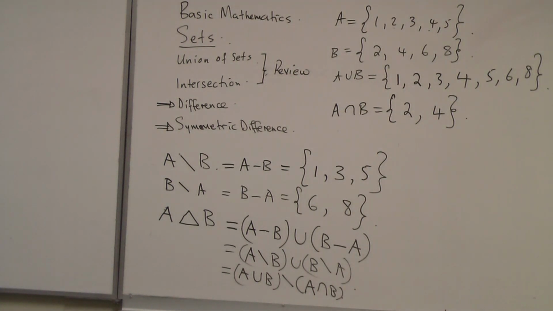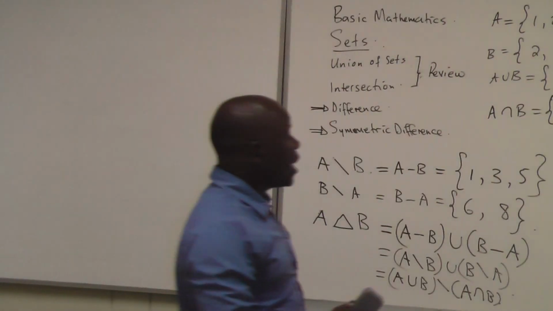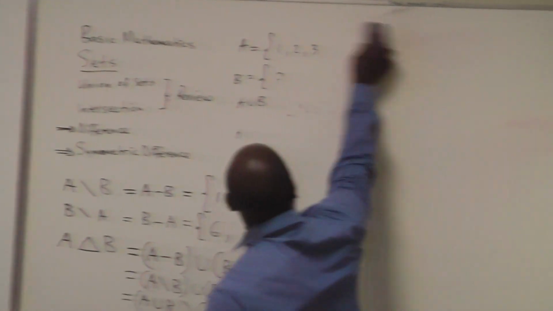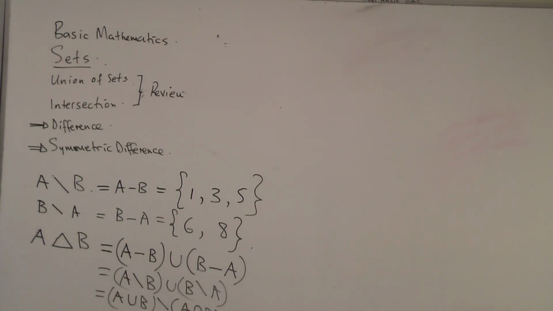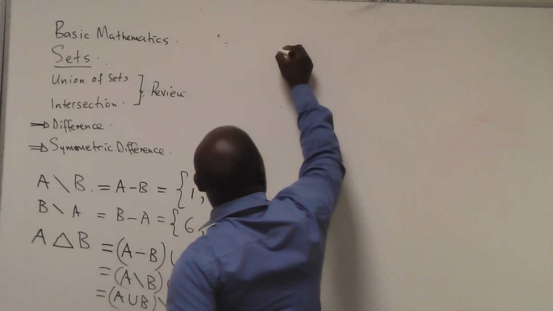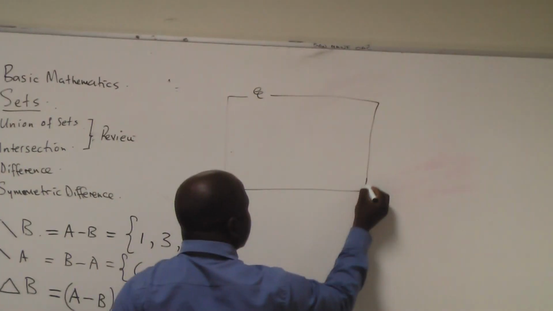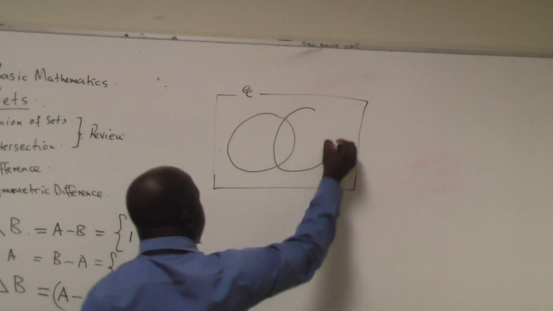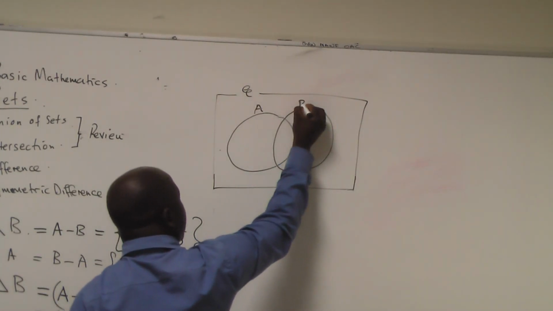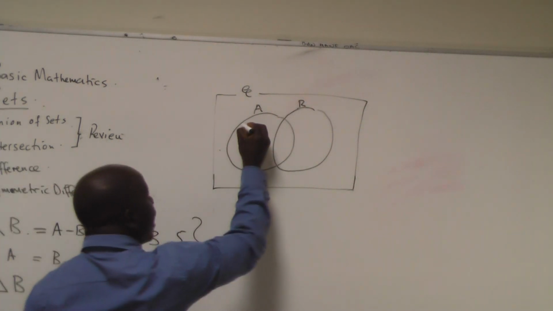I'm going to use a separate example here to illustrate this so that you have a clear picture. But before I use that example, let me show you the region A set difference B in the context of a simple Venn diagram. Suppose we have our universal set like this. So when we talk of symmetric difference of A and B, we have A and B. The elements that we are referring to are these ones.